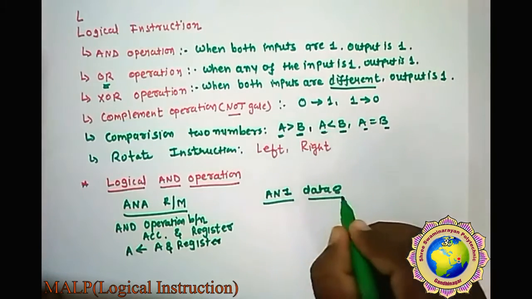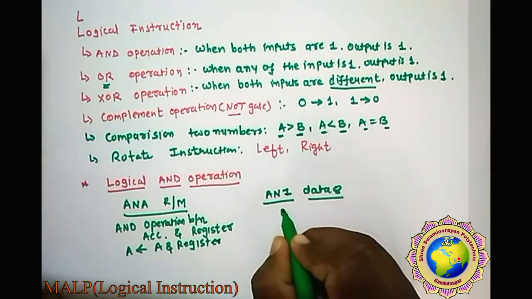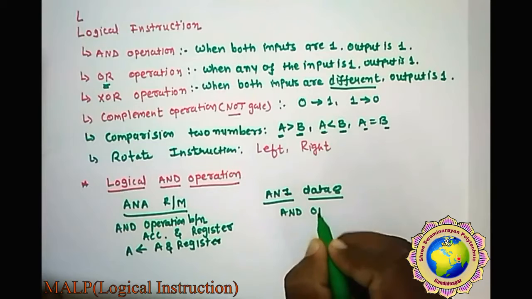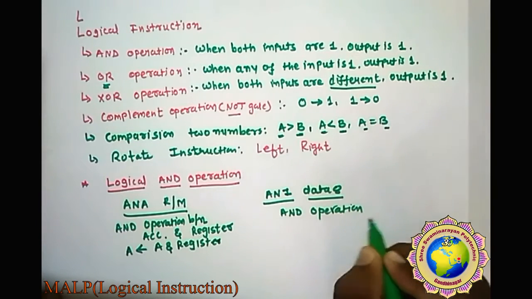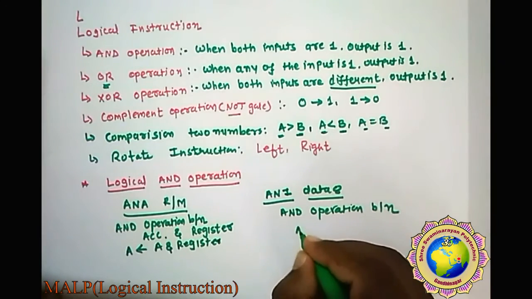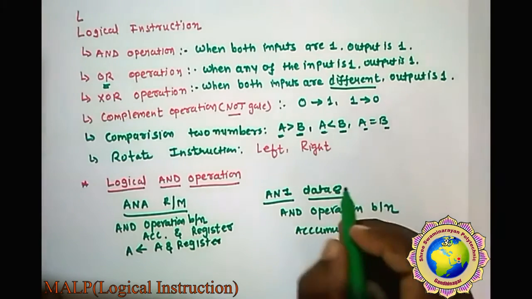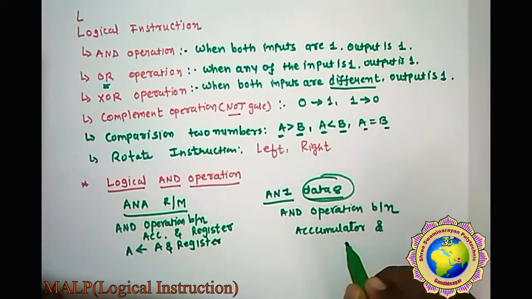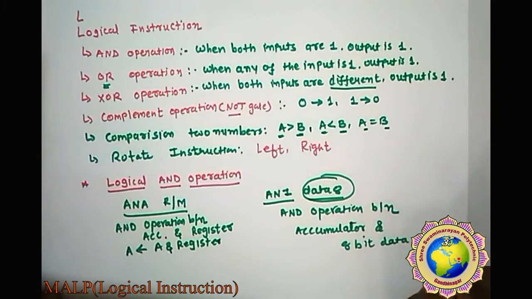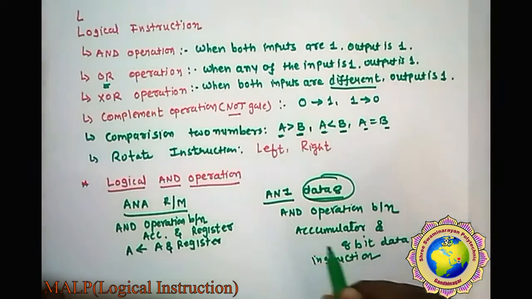What does it perform? It performs the AND operation. આપણે AND operation કરે છે, પણ AND operation between accumulator and this 8-bit data given in the instruction. ઇન્સ્ટ્રક્શનની અંદર જે 8 બીટનો ડેટા આપેલો છે એ 8 બીટના ડેટાનું અને એક્યુમ્યુલેટરનું એ એન્ડ ઓપરેશન કરે છે.